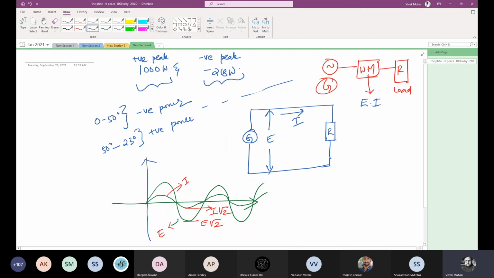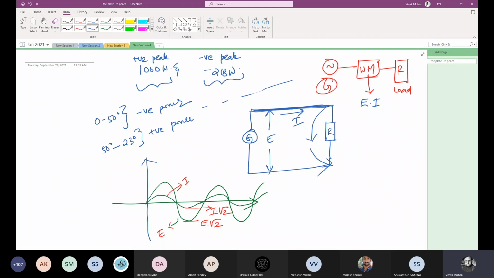If you want to take V squared by R, you need to take the voltage across the resistor, and if there is a drop, then after accounting for this drop you have to take the voltage across this. If the resistance is neglected and is 0, then of course it is E squared by R.